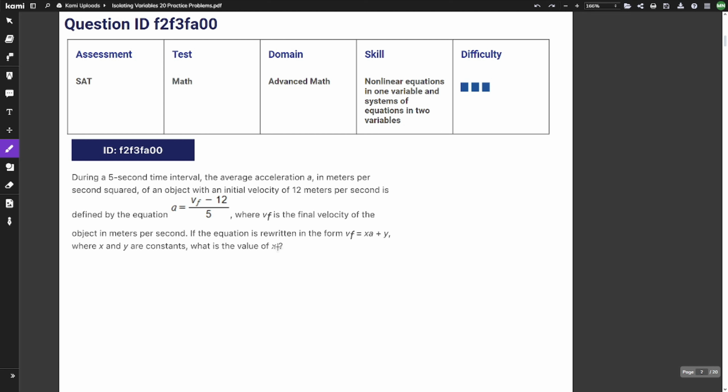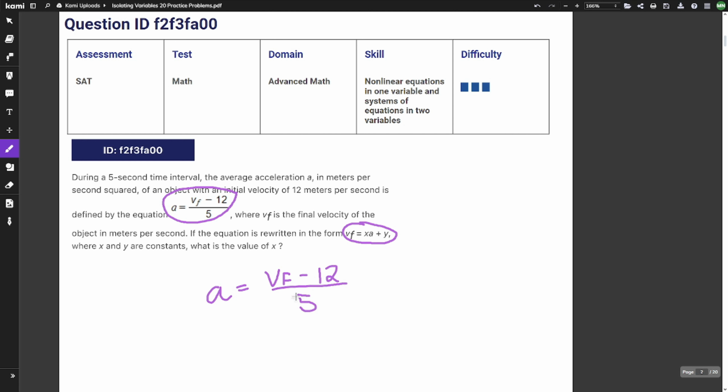Alright, that was a whole bunch of babbling just to say, here we have this equation, and then we want to change this equation into this equation. So basically we want to get Vf by itself. A is equal to (Vf minus 12) divided by 5.